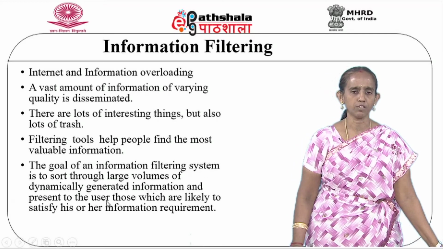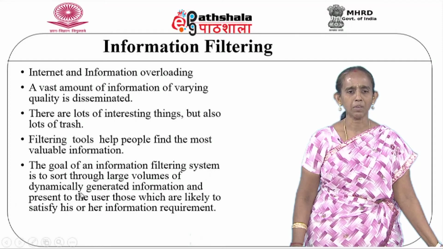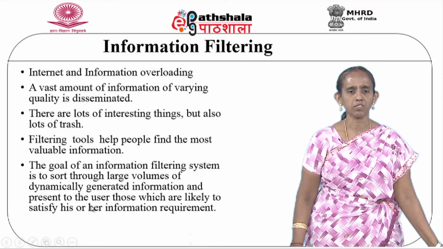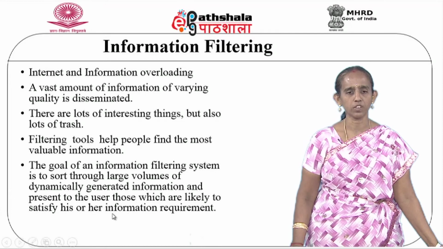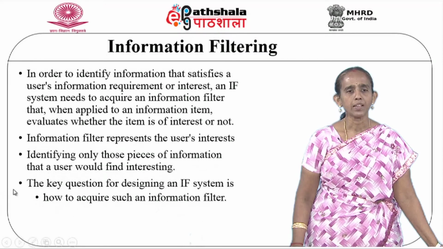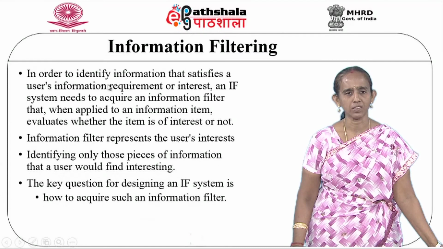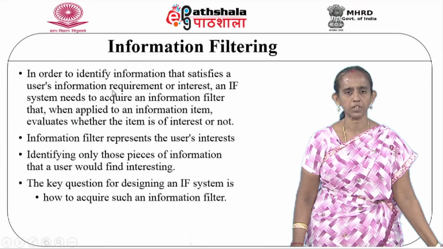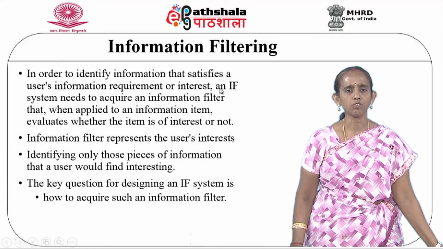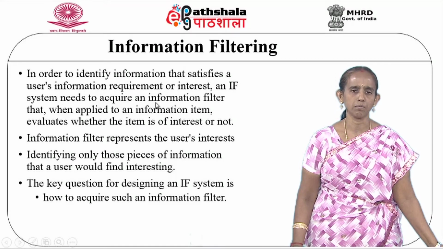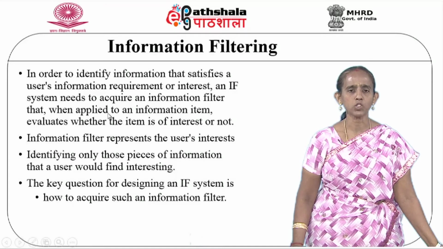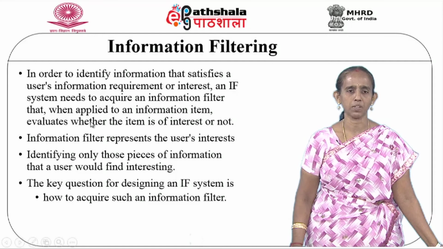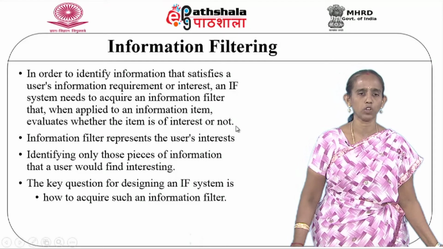The goal of an information filtering system is to sort through large volumes of dynamically generated information and present to the user those items which are likely to satisfy the user's information requirement. In order to identify such information, an information filtering or IF system needs to acquire an information filter that, when applied to an information item, evaluates whether the item is of interest to the user or not.